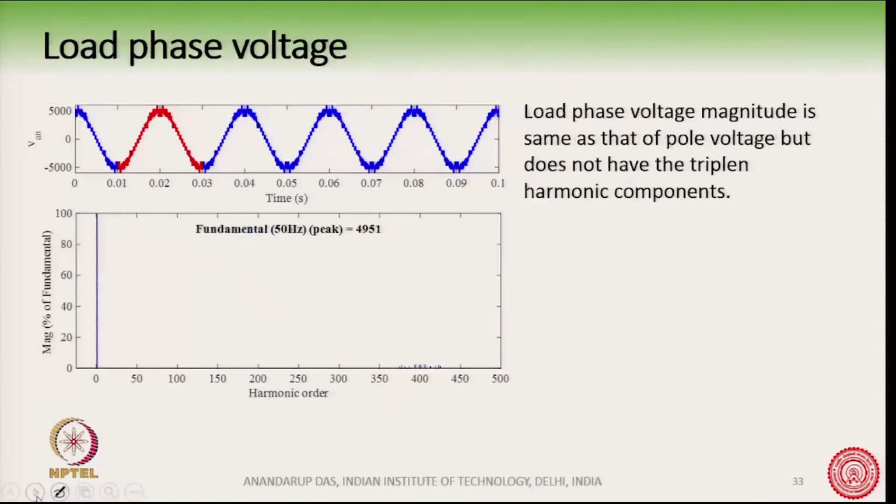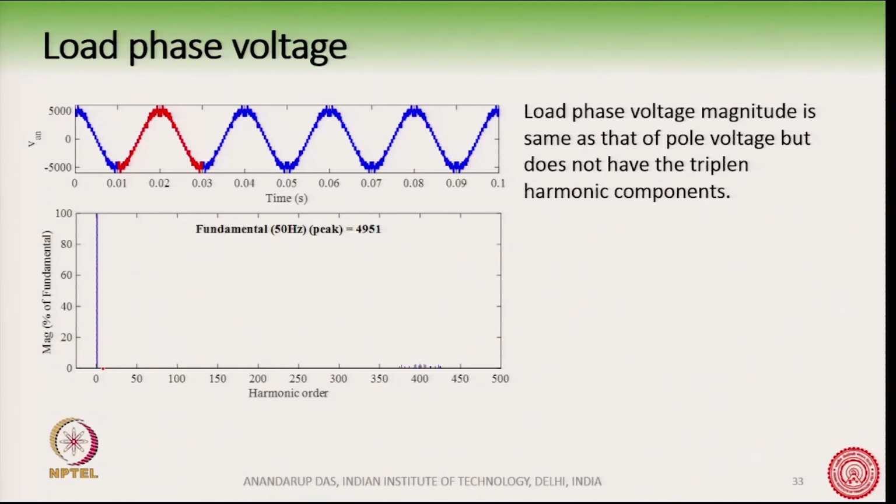Anyway, the phase voltage waveform looks like this, and you see the third harmonic has disappeared in the phase voltage. This is expected, because the line voltage cannot have the third harmonic and the load phase voltage also cannot have the third harmonic.